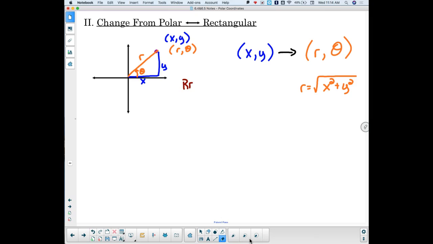Oops, I should put it like this. I'll do that afterwards. What else do I need? That gets me r of r comma theta. What else do I need? Okay, but what does the inverse tangent give me?